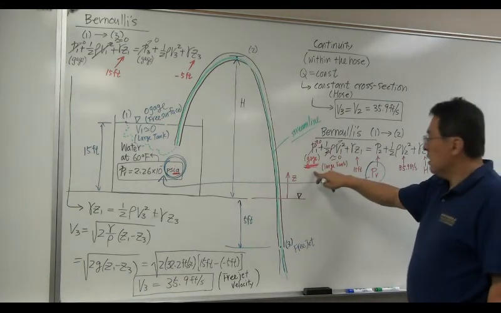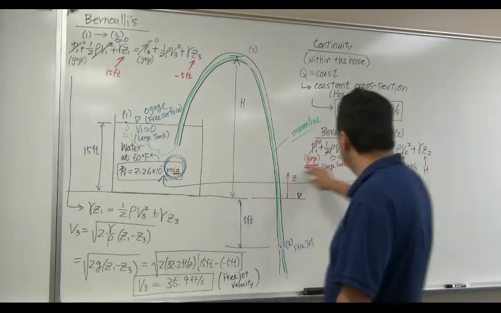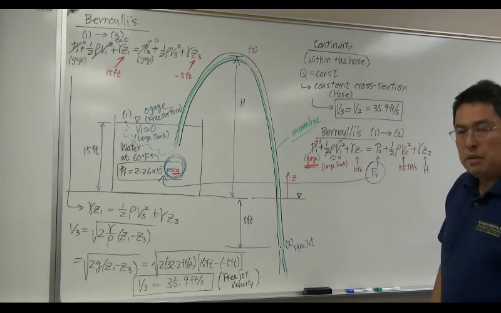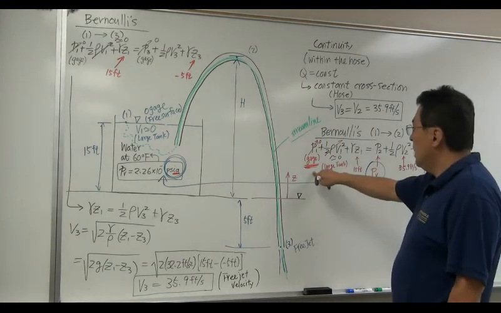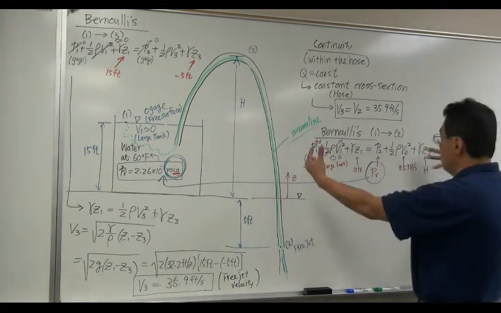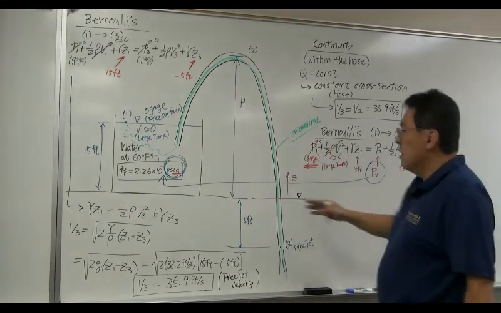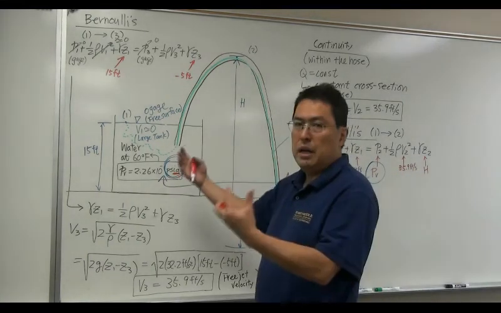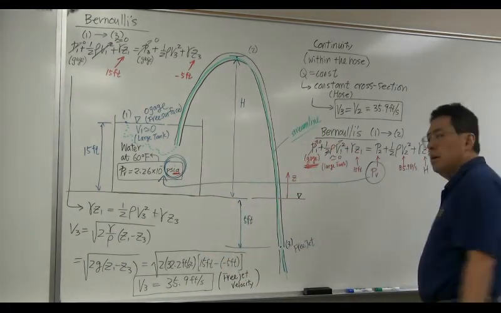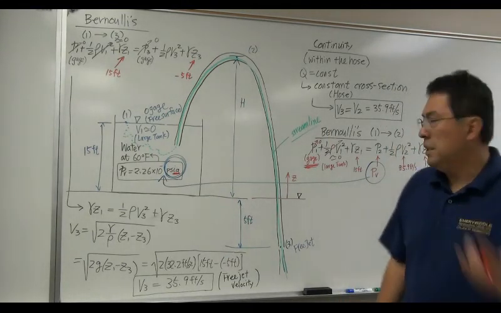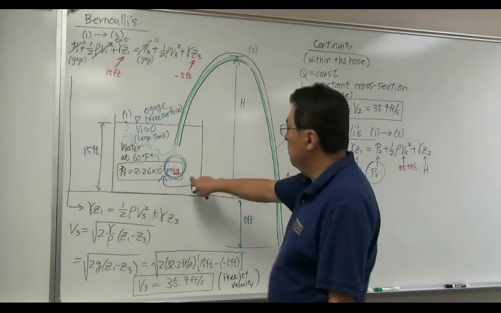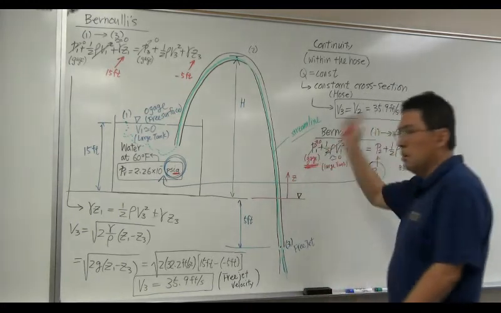You cannot mix up gauge pressure and absolute pressure within the same equation. You can't do that. So you have to either convert this gauge into absolute and use absolute pressure, or convert absolute into gauge and use the gauge pressure. Either one's fine. But which one is easier? I think converting absolute to gauge is easier because one of them is 0.